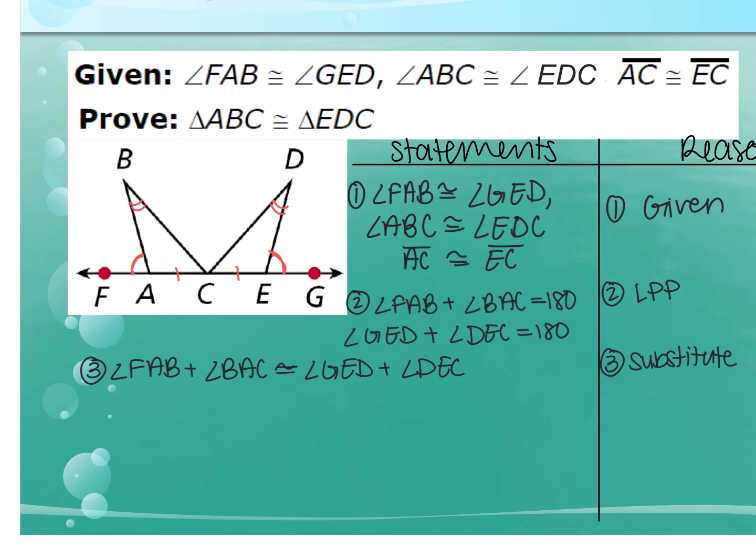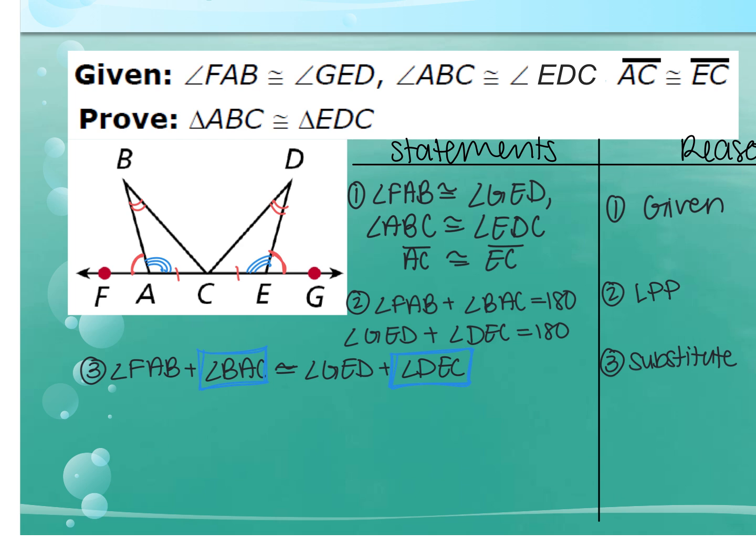Now what do you think I should be able to do? Remember, I want to prove that this angle is congruent to this angle, so I have to try and get this angle by itself, and this angle by itself. So what should I do next? What do we know?